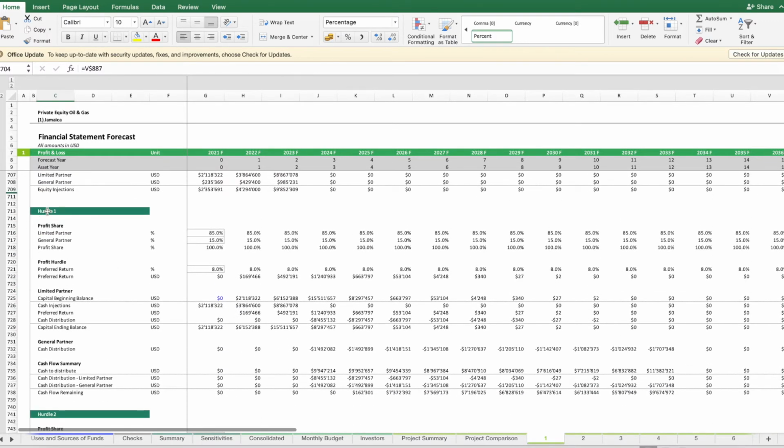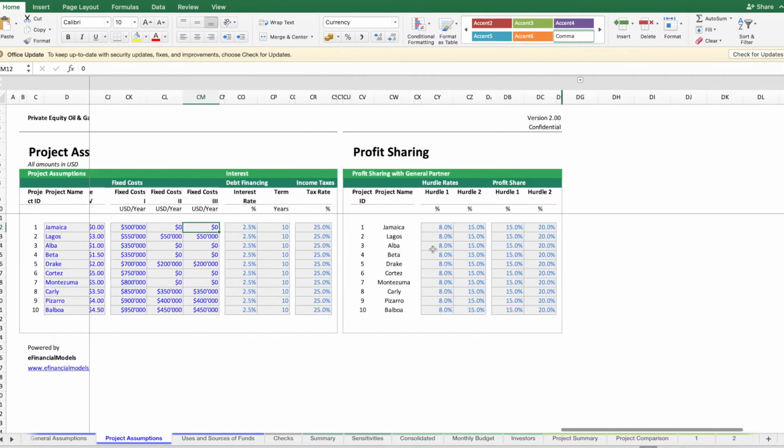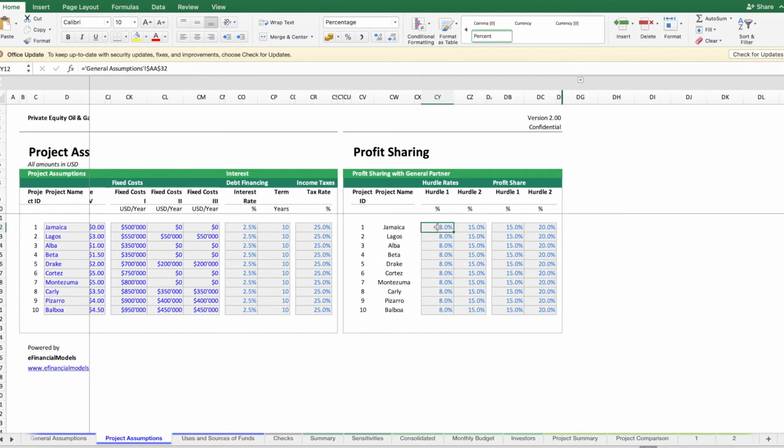We have two hurdle rates. If you remember, let's go back here. These are the ones we used. In this case, we have hurdle rates of 8% and 15%. If hurdle rate 1 is achieved, then 15% goes to the general partner, and if the 15% IRR is achieved, then 20% goes to the general partner.